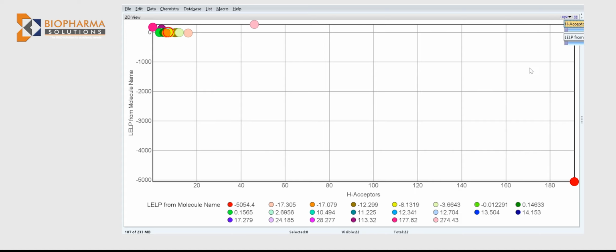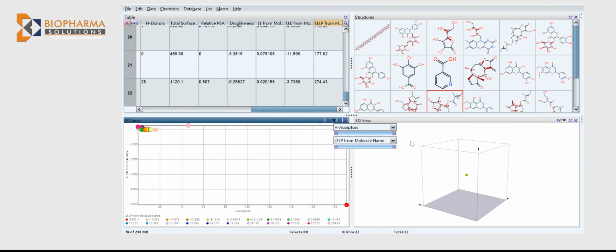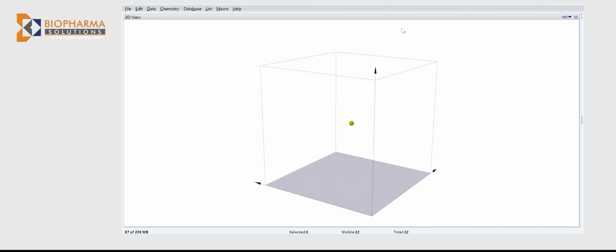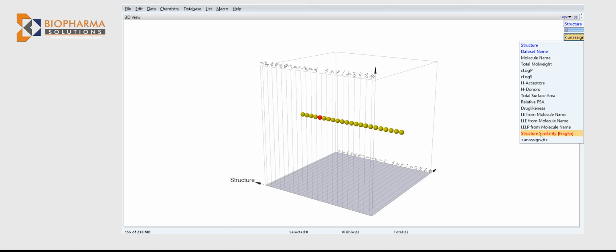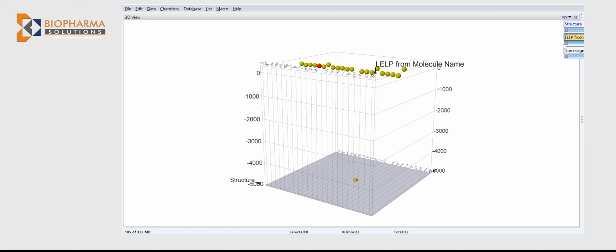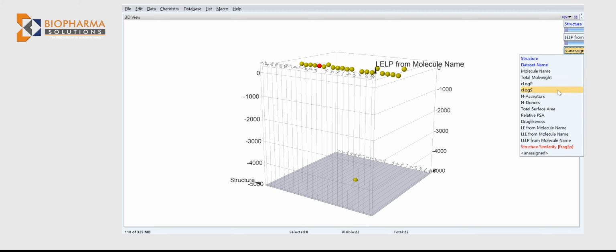Then suppose hydrogen bonding, there also what you see is it is the positive level. That means that intercorrelation we'll be able to set up very easily. So similar to that, if you pick up a 3D picture, three variables could be put up together: structure, then second one, let us say LELP, and the third one, let us take drug likeness.